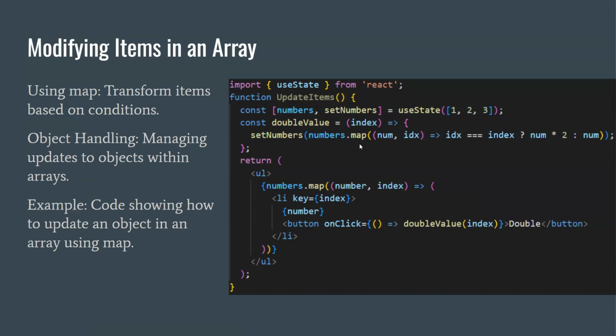The map function lets us transform each item and return a new array. For example, let's say you have a list of to-do items and you want to mark one as complete. You can use map to produce a new array where the specified to-do item's completed property is toggled.